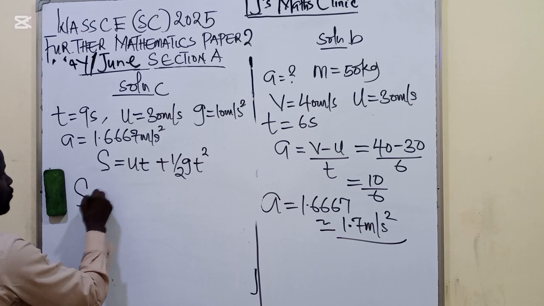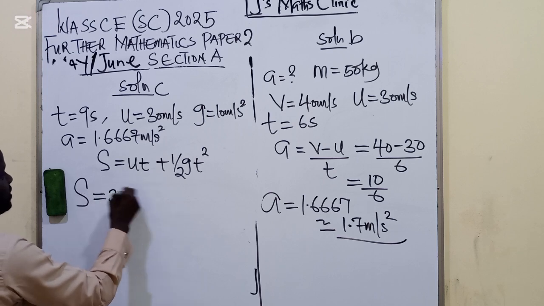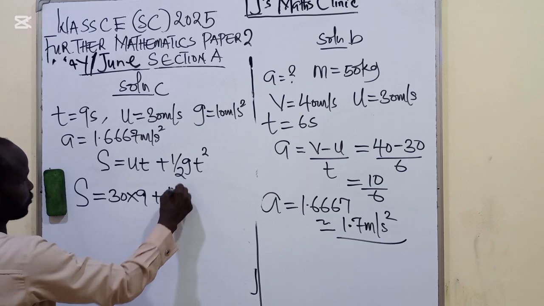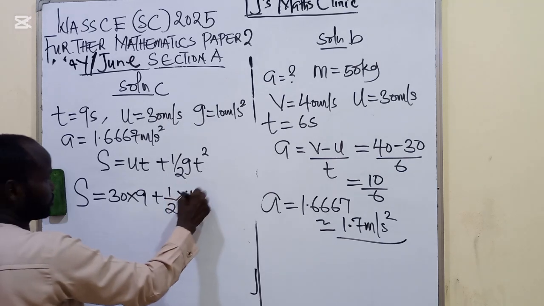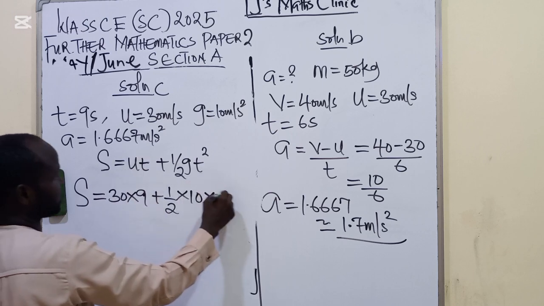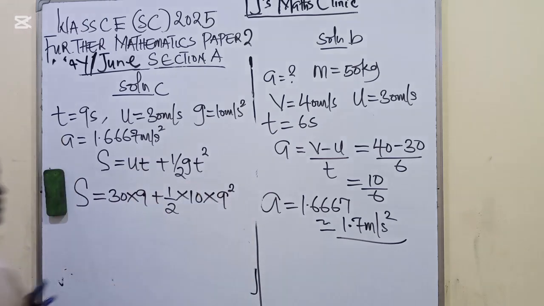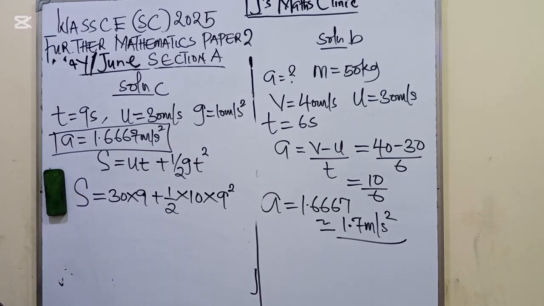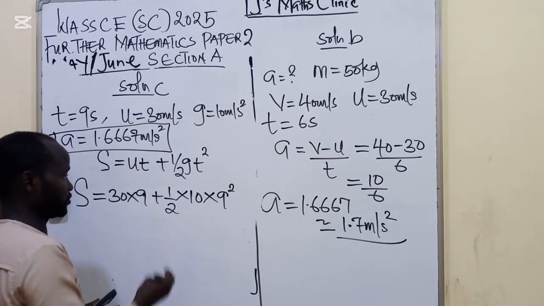The distance s now will be u, which is 30, multiplied by time t, which is 9, plus half, multiplied by acceleration due to gravity, which is 10, times t squared. The time now, which is 9, that will be 9 squared. Very important. We can't use this calculated acceleration, because we have to use acceleration due to gravity, which is g now.